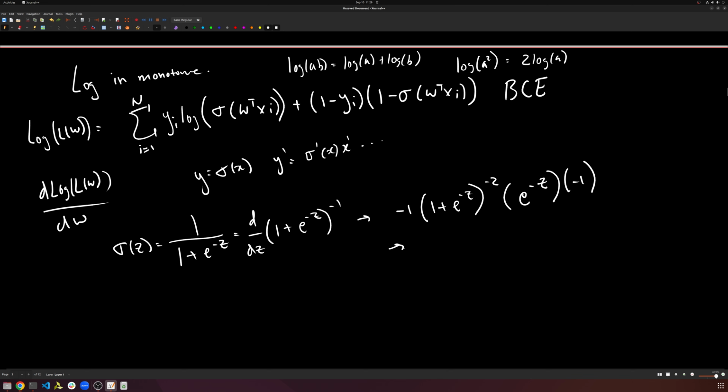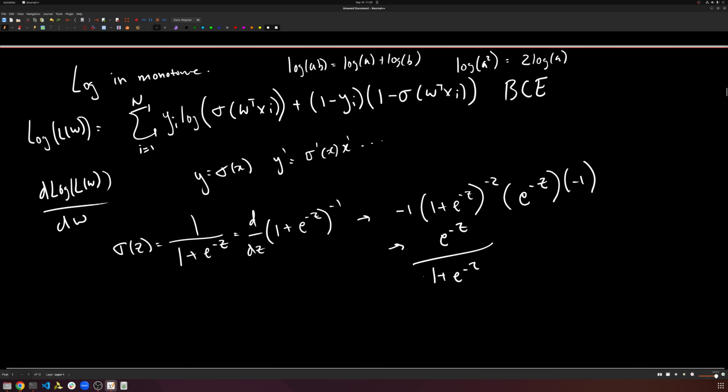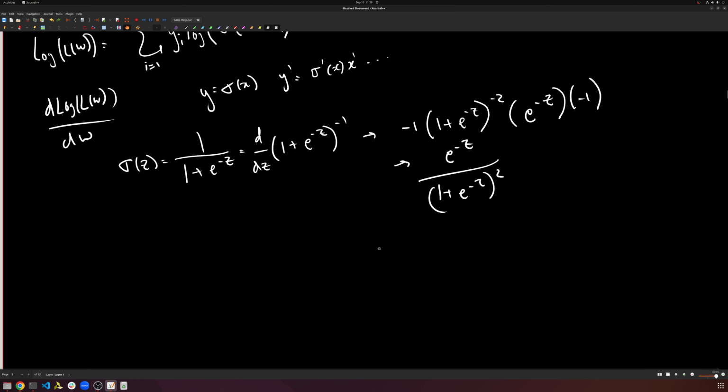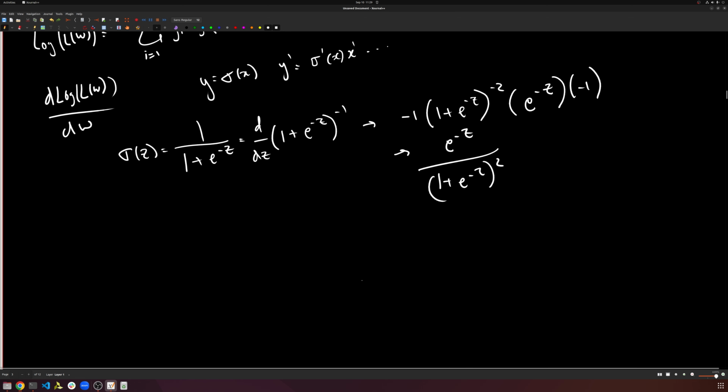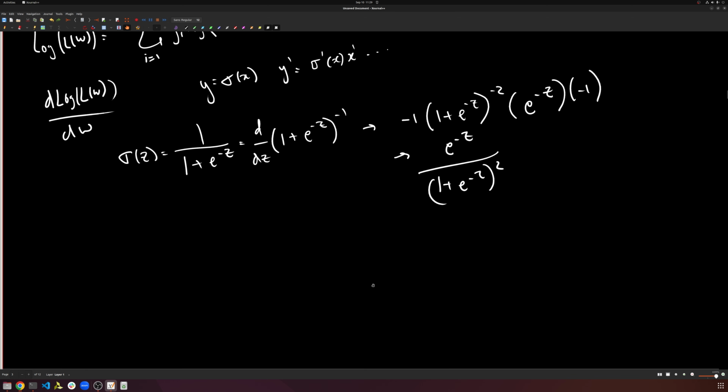And so really, let's put it back in the denominator. It'll be e to the negative z divided by 1 plus e to the negative z squared, right? That's our derivative. Now we could technically leave it here, but there is an interesting property of the derivative of the sigmoid that we can exploit. So let's split this up.